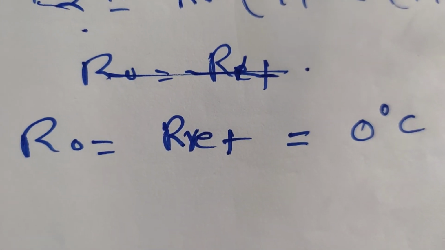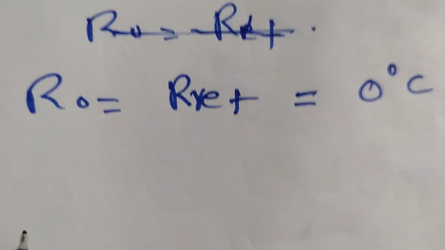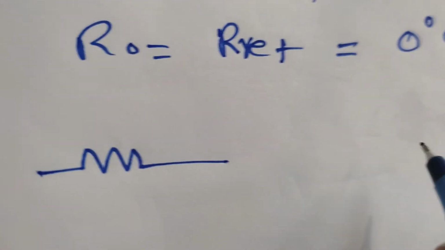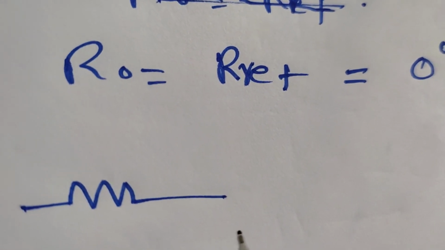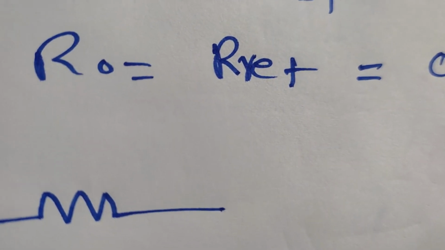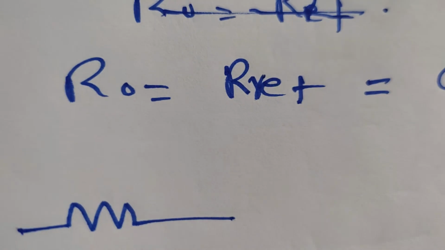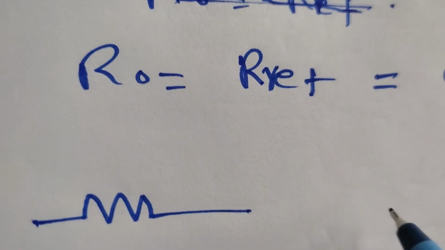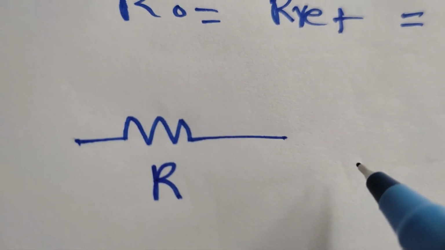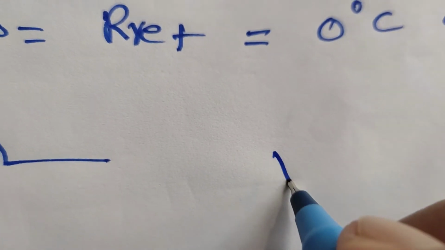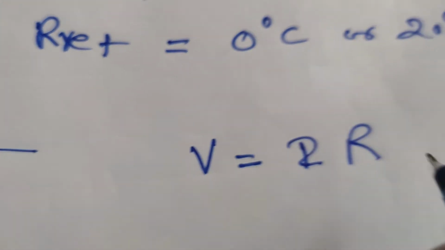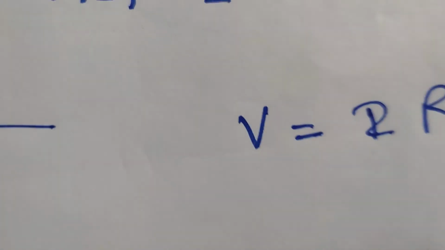In a DC circuit, you can see only resistance is there. But in an AC circuit, you have resistance, inductance, capacitance. Here one resistor can be denoted as R. And by Ohm's law, the voltage across the resistor is I into R. So resistance is a constant.